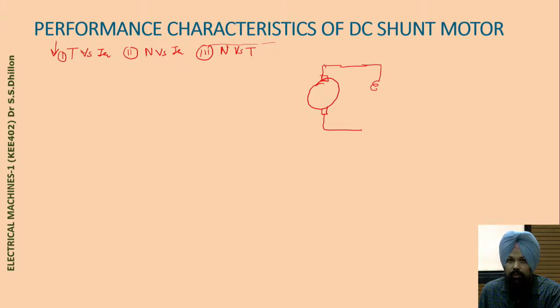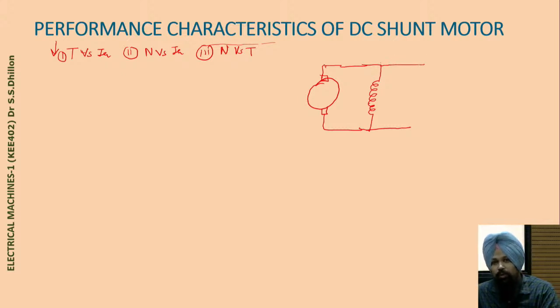The field circuit has sufficient resistance, that is RF. When we talk about the speed control of the DC shunt motor, we have another arrangement of rheostats, because for speed control we have different methods like armature control and field control.